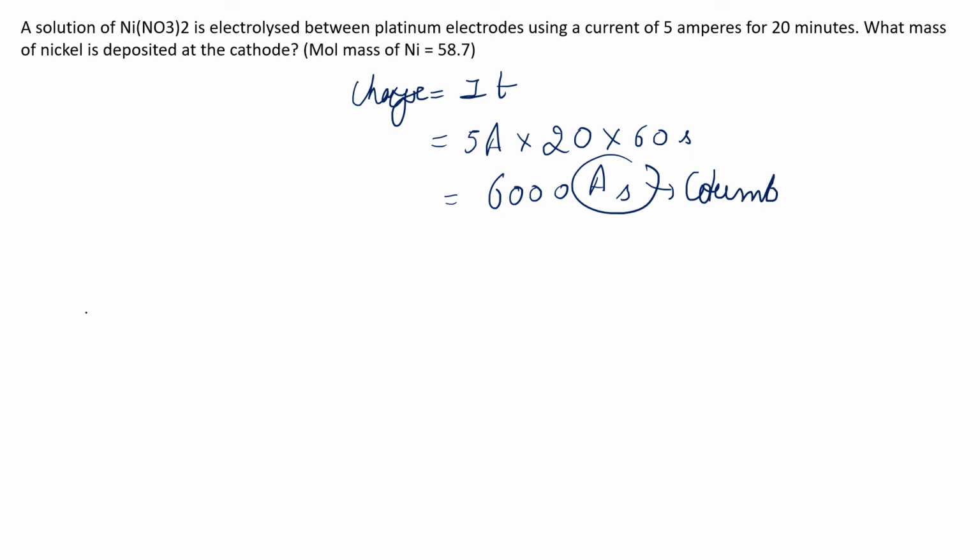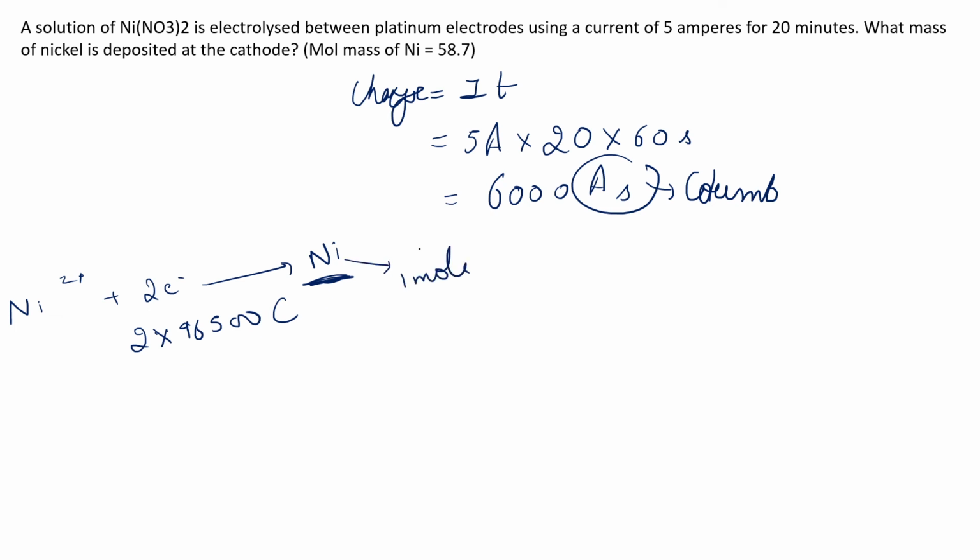So in order to convert nickel 2 plus plus 2 electrons into nickel, how many moles of electrons are required to convert 1 mole? 1 mole of nickel requires 2 moles of electrons, that is 2 into 96500 coulomb are required to convert 1 mole, and 1 mole has a mass of 58.7.